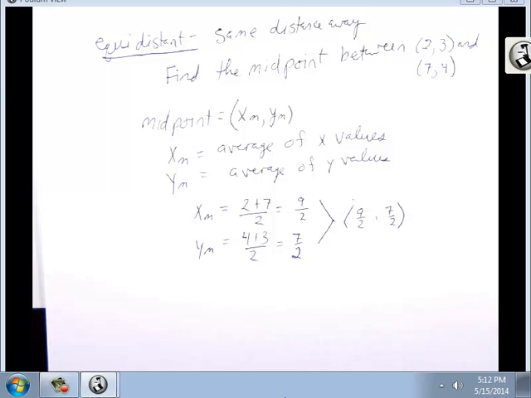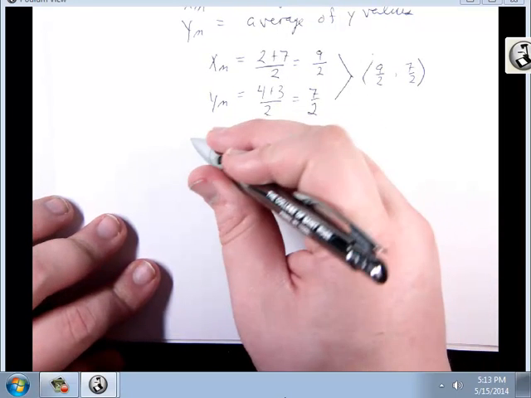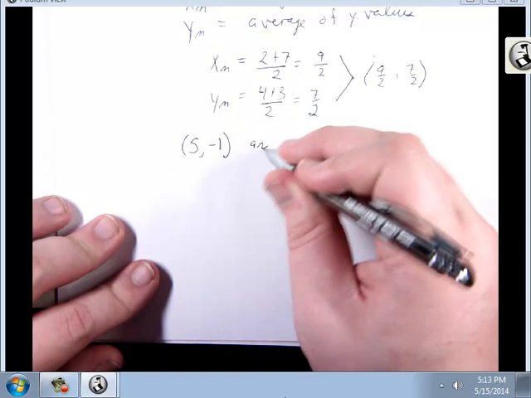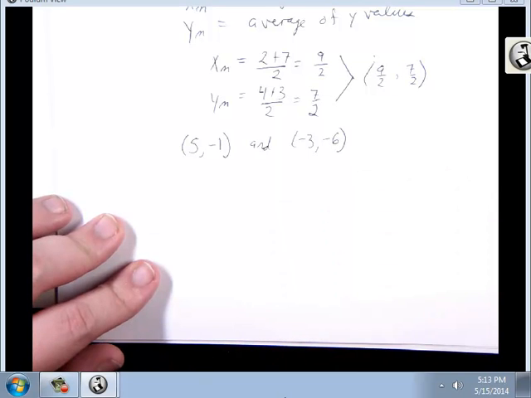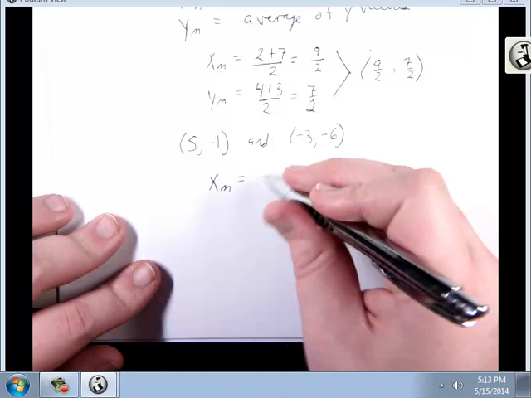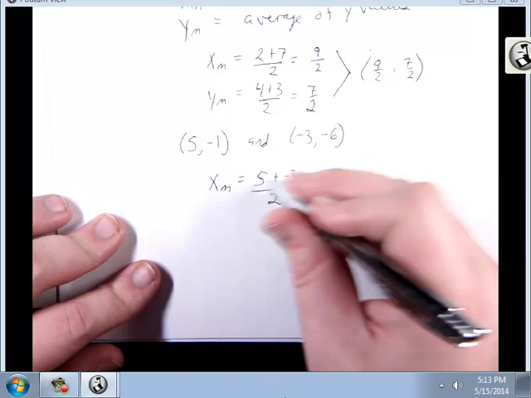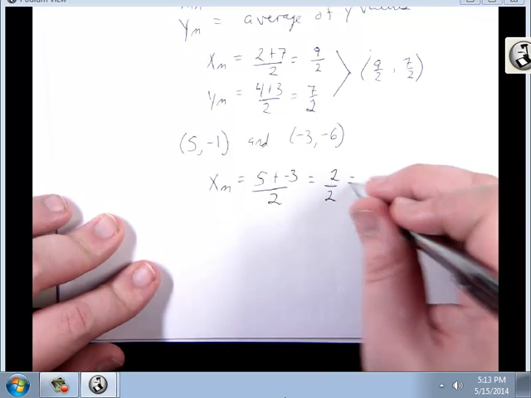All there is to these. Try (5, -1) and (-3, -6). Well, xm is going to be 5 plus -3 over 2. 5 plus -3 is going to be 2 over 2, which is 1.